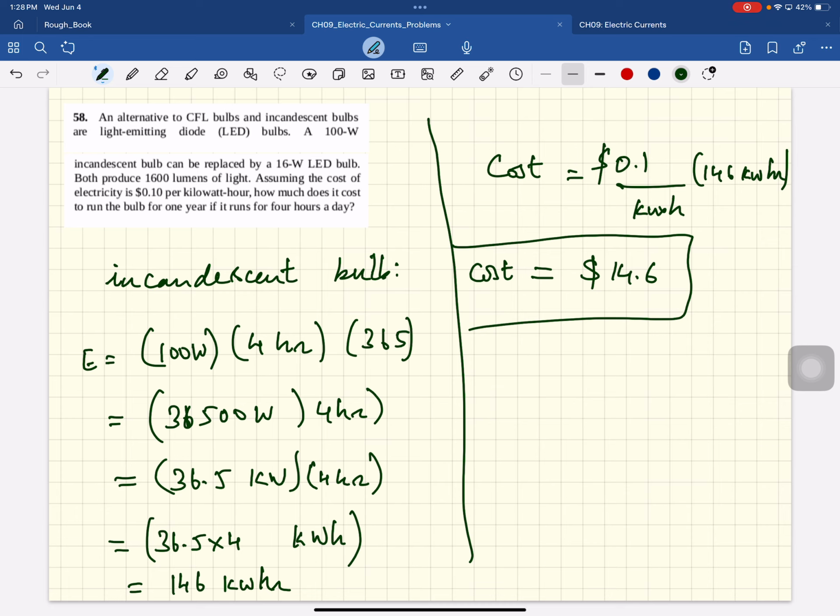And for the LED bulb, all you have to do is replace this by 16 watts. So we'll divide this by 100 times 16.